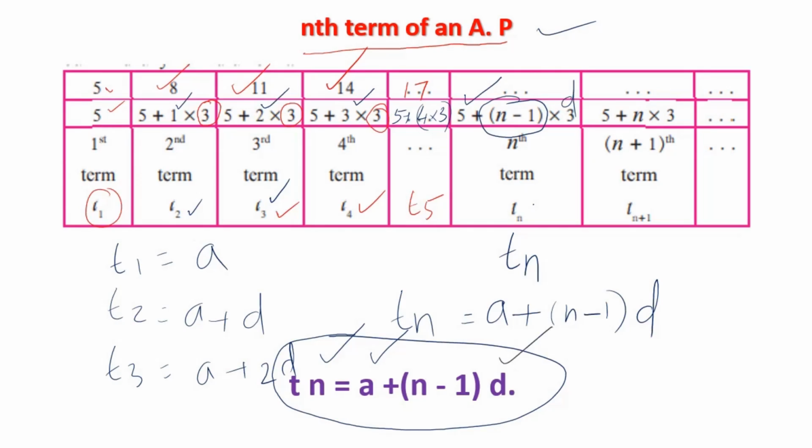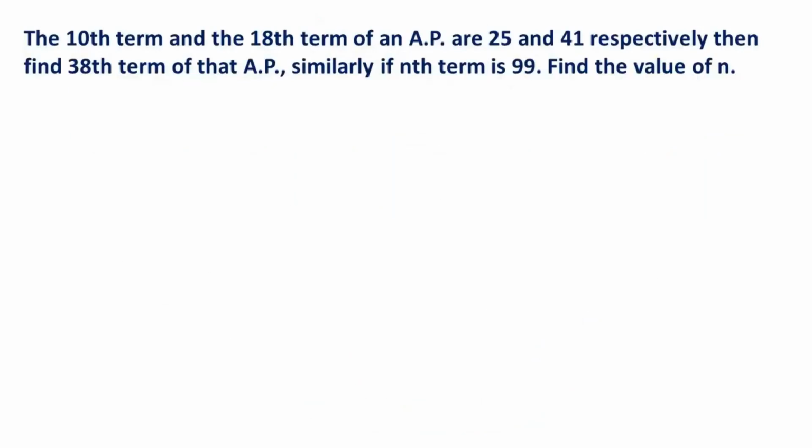To go ahead has the purpose that we will try to apply our knowledge in an example. The 10th term and the 18th term of an arithmetic progression are 25 and 41 respectively.